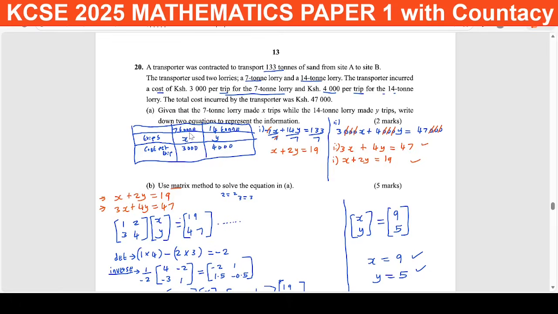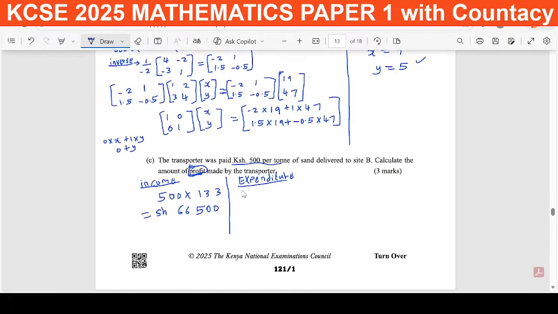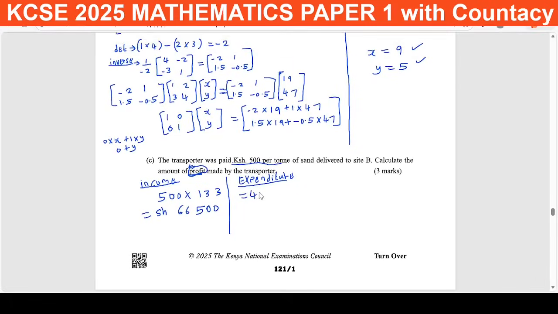And then we are told that for all those trips, the total cost that this person incurred for transport was shillings 47,000. So we have to take into account that the expenditure is 47,000.